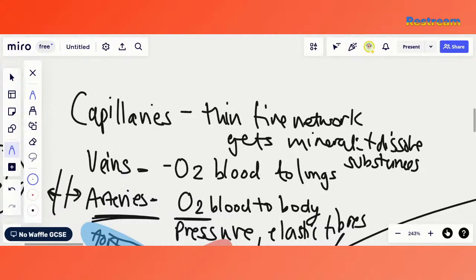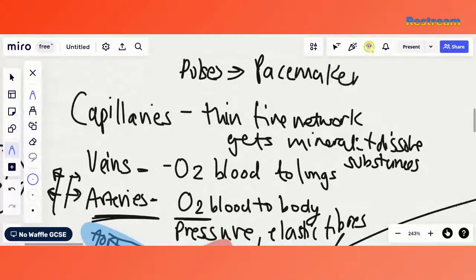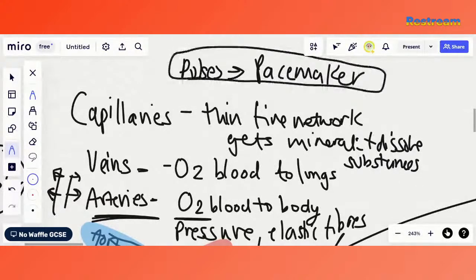These pulses are determined by the pacemaker, which is found in the atrium or something like that, I believe. Now, as we said, arteries are away from the heart, veins are towards the heart, and they are very thin to allow the low pressure blood to go through.